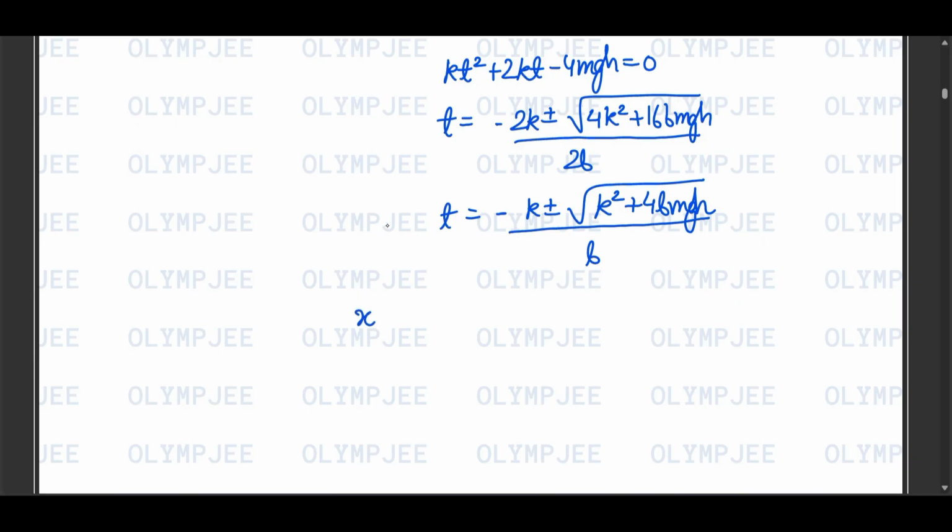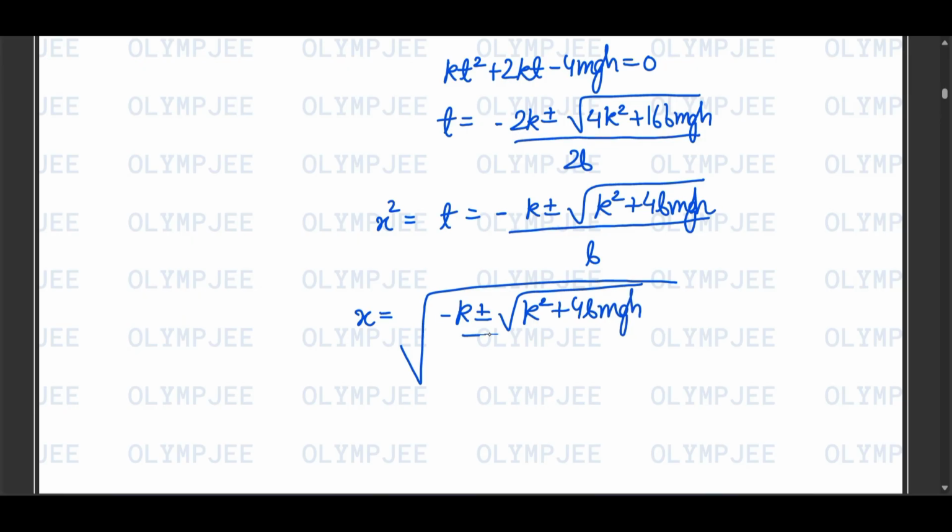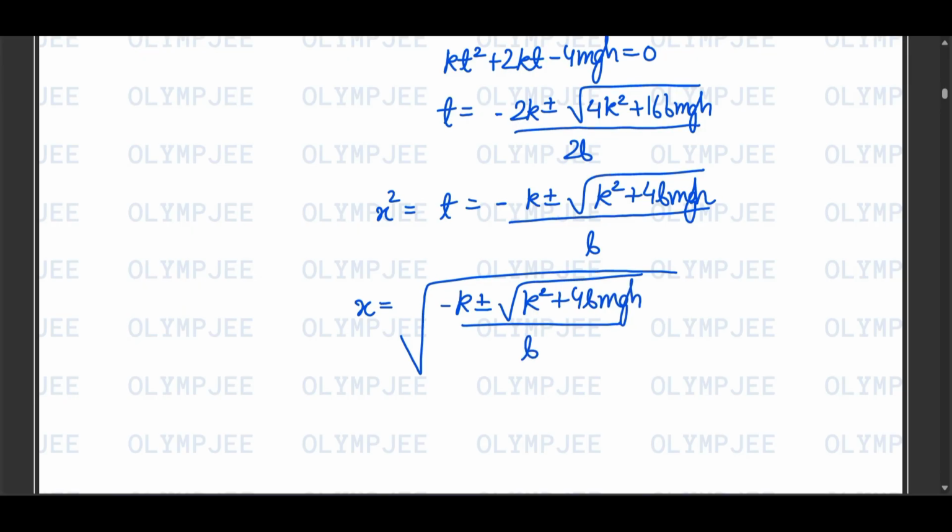So this was x square, right? So x will be the square root of this, square root of k square plus 4mgh divided by k.